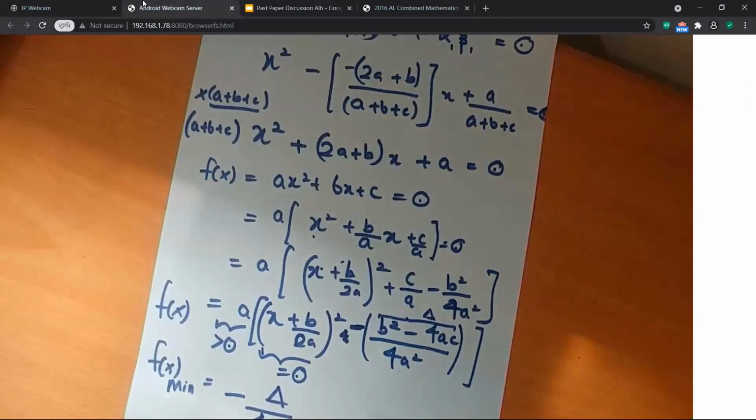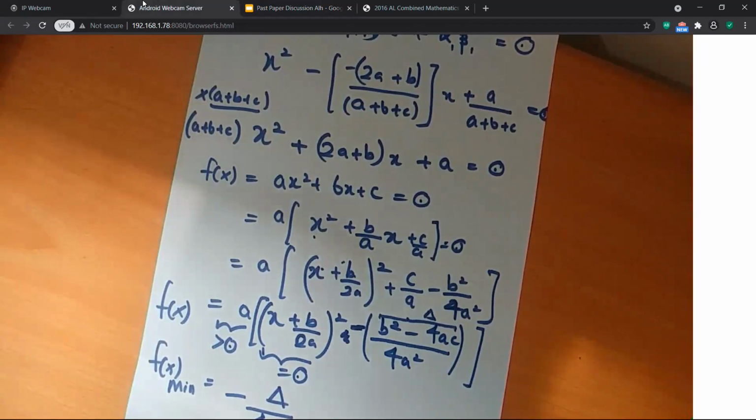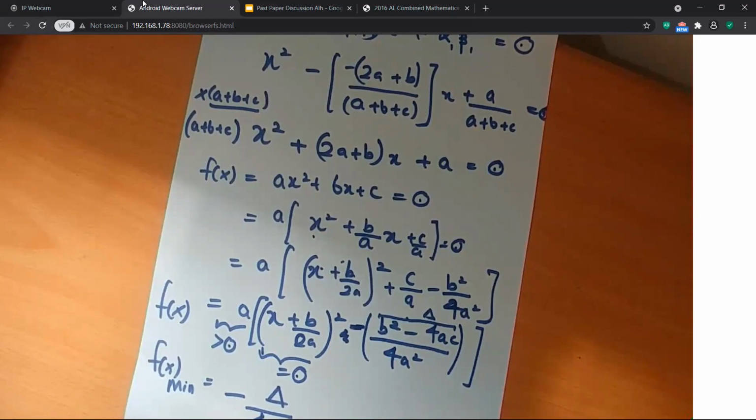Okay, once again, I'll say the whole thing again. What we need to find is the minimum value of the function. The easiest way to find the minimum value of any function is to complete the square. When you complete the square, you get a square term. For the whole function to become minimum, the square term should be equal to 0, because whatever you put in, it will be positive.